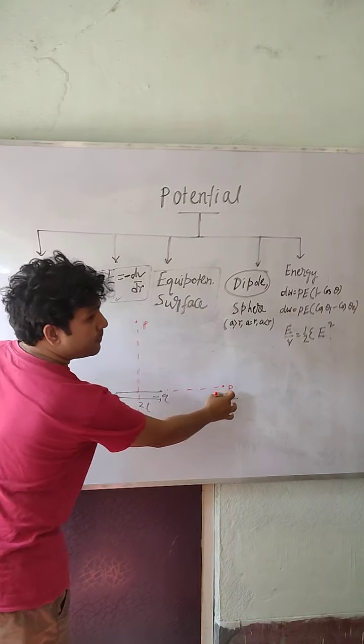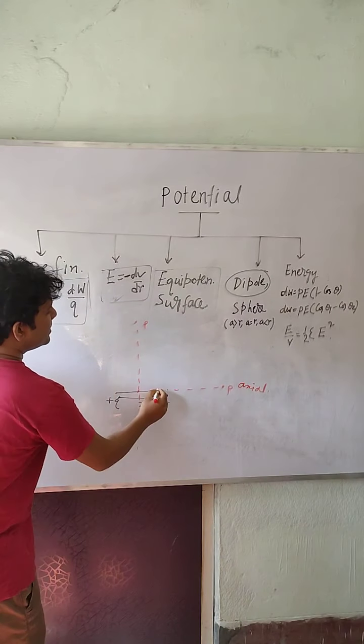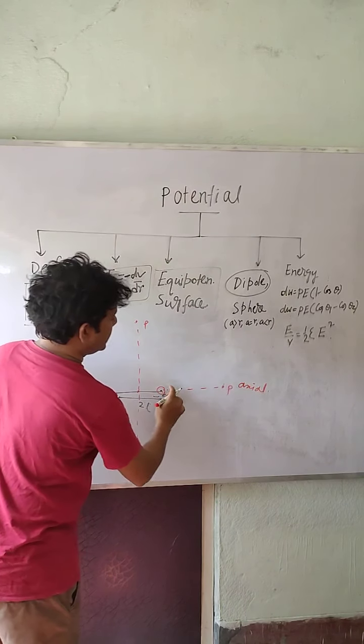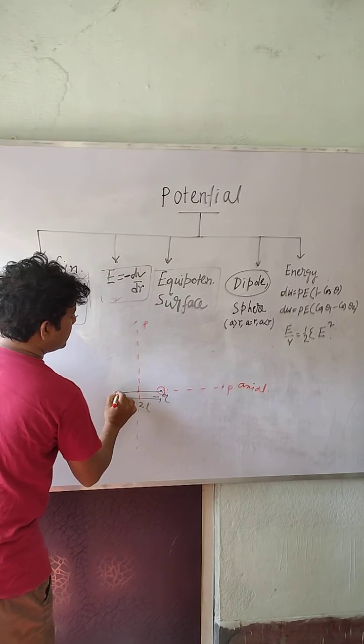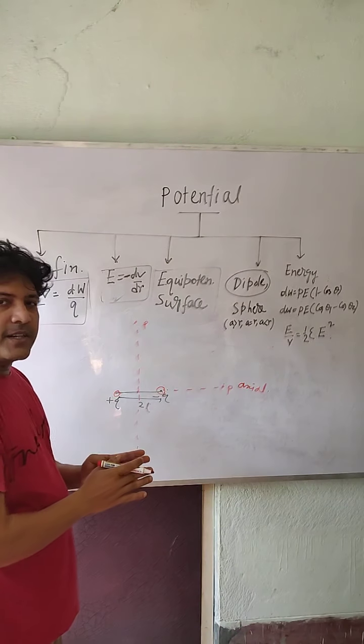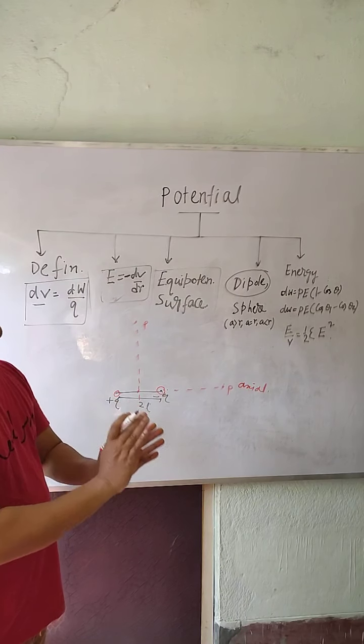First of all, for this axial position, we just need to calculate the potential for that charge and the potential for that charge, and then look at which one is greater, and the resultant electric potential will be the greater one minus the lesser one.